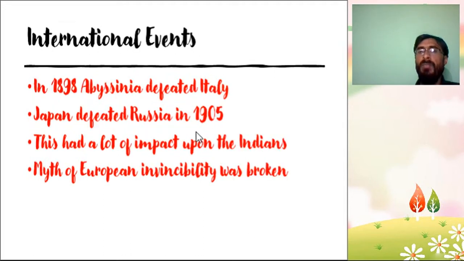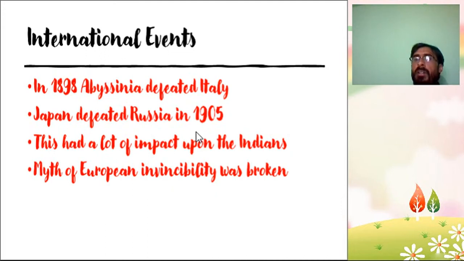Then, international events. On the one hand, the British were implementing their reactionary policies in India. On the other hand, at international level, certain events were taking shape which also had a lot of impact upon the Indians. In 1898, Abyssinia defeated Italy.